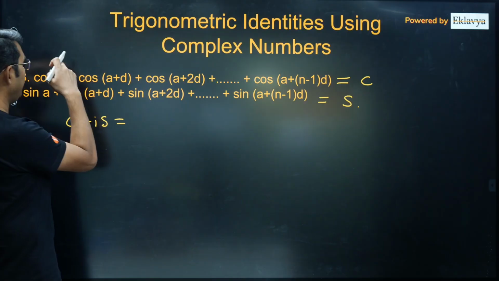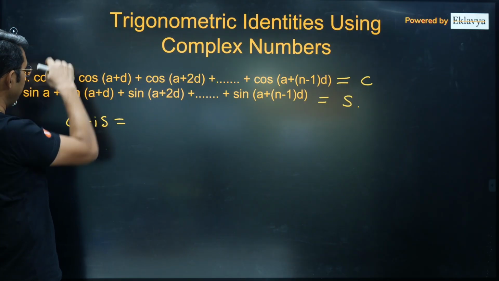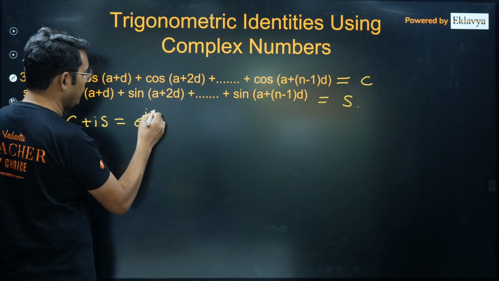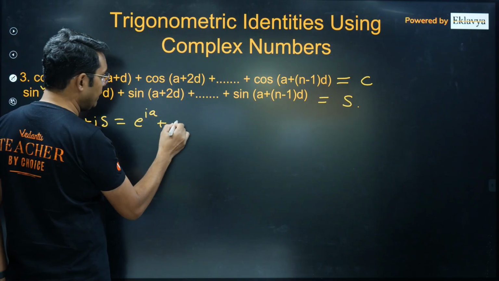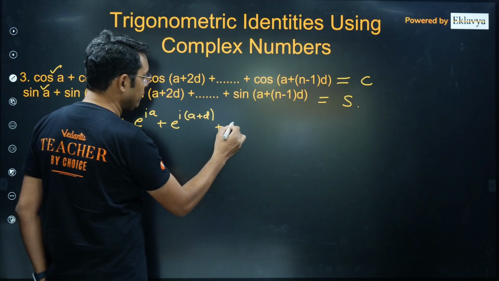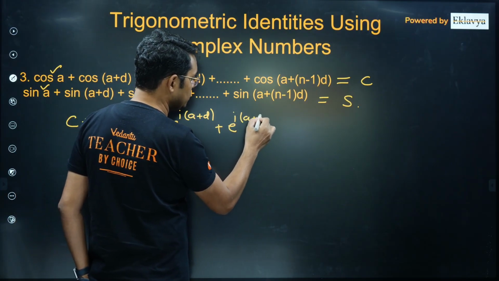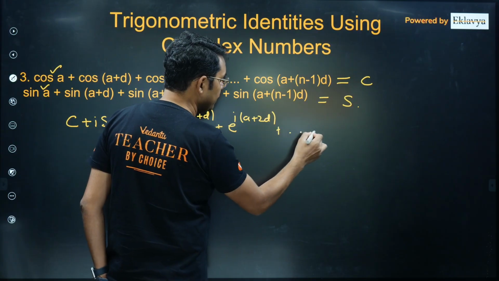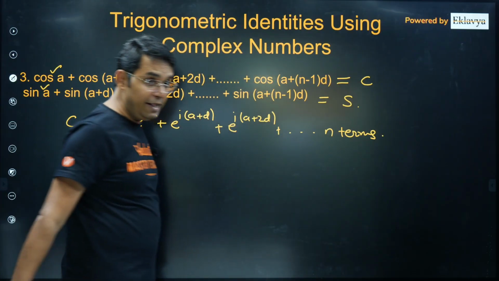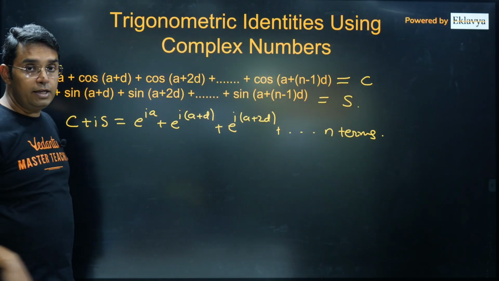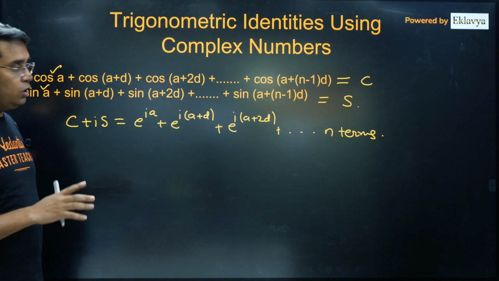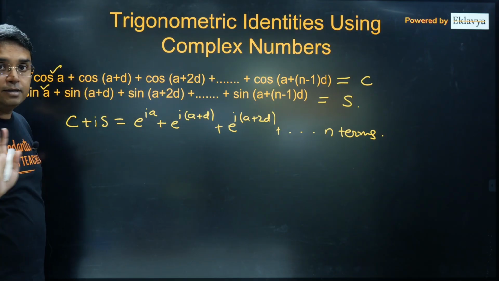In this case, if you write cos plus iota sine, I think the first two terms, this and this, when combined, they will give you e power iota a. Then e power iota a plus d, e power iota a plus 2d, and so on. There will be total n terms. By the way, the result of these two series is a must. You should remember it, because there have been questions based on this thing in exam.